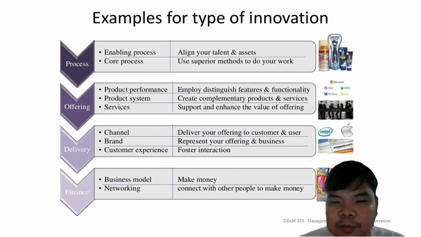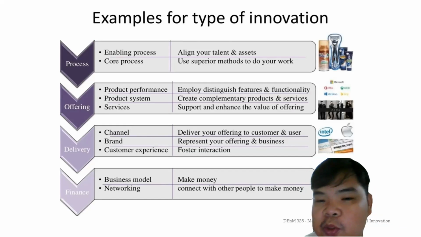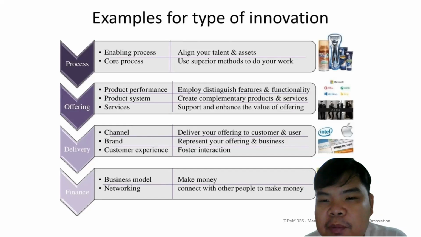Then for the offering, we have product performance, product systems, and services. It employs distinguished features and functionality, and if you create complementary products or services, they support and enhance the value of the offering.